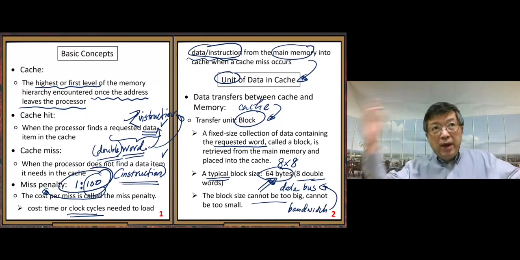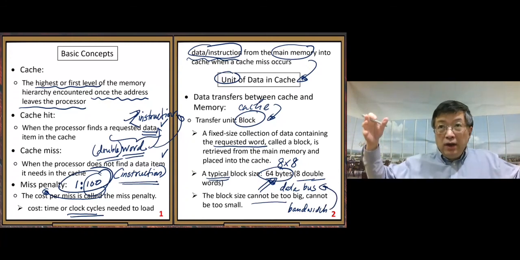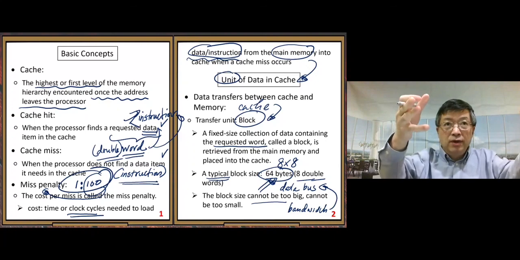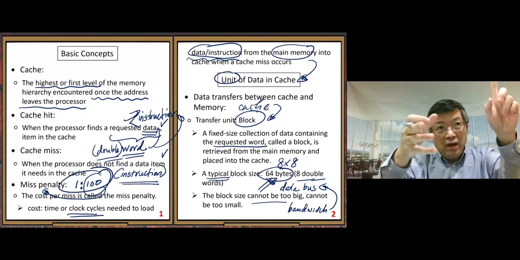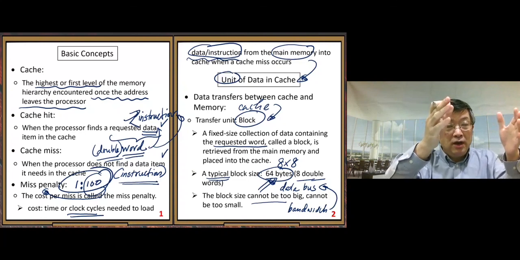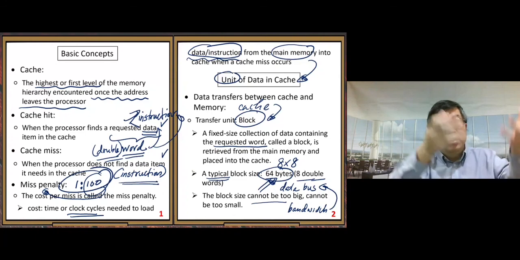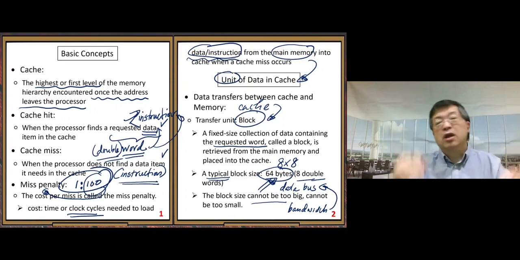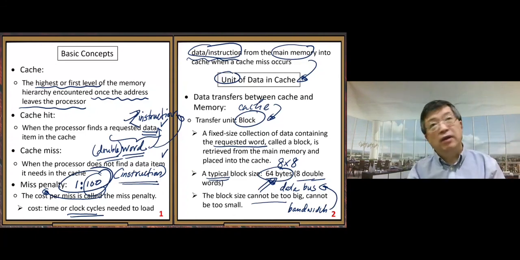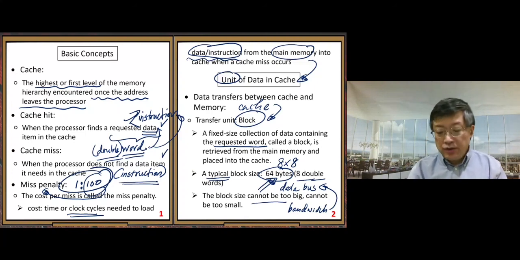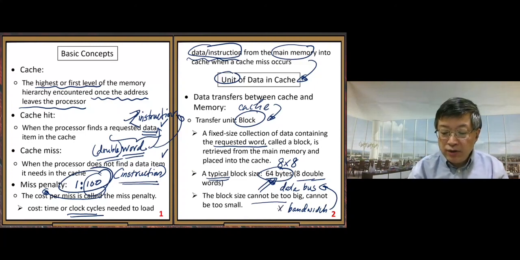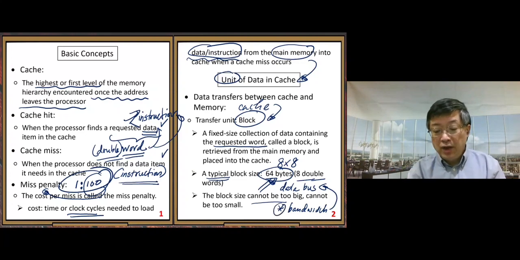If the size is too big, it cannot pass through the data bus in one time, so it has to be broken into pieces and sent multiple times, and then you cannot get it faster. So due to the bandwidth restriction, the size cannot be too big.